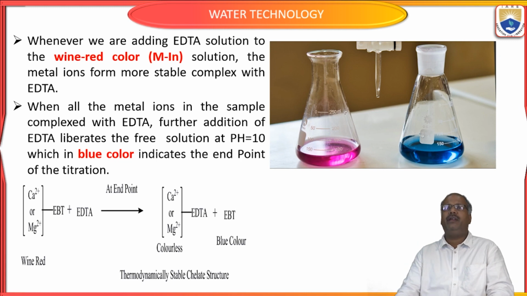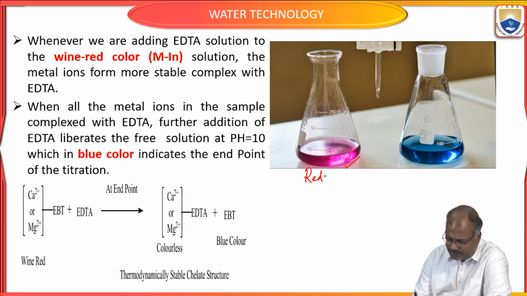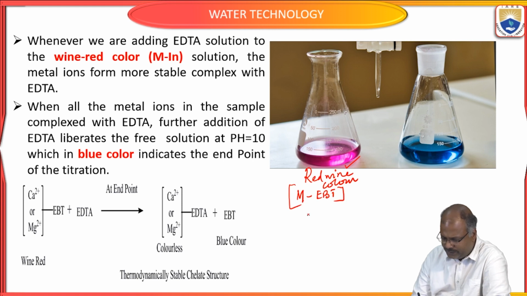So this is a titration type. We call it complexometric titration. We have this wine red color, which is due to metal-EBT indicator complexation, which is unstable.